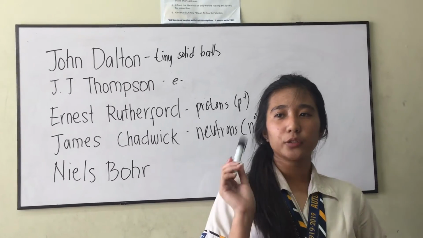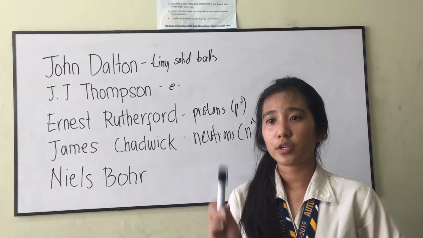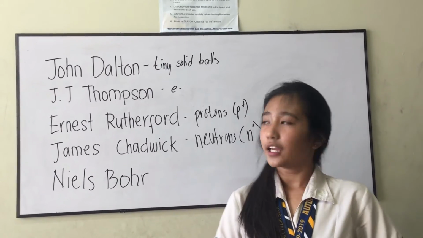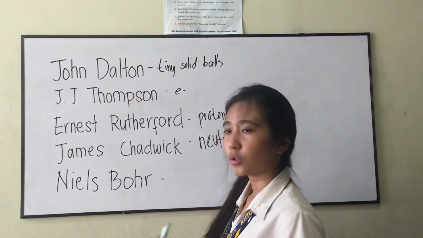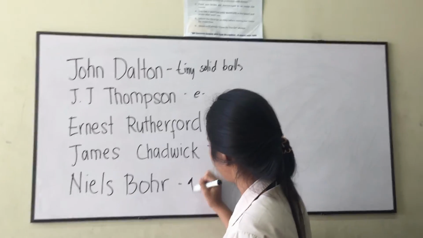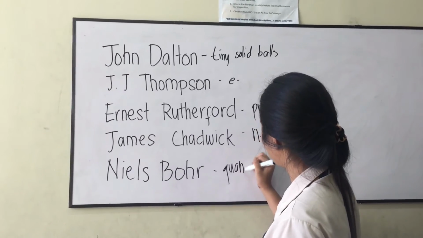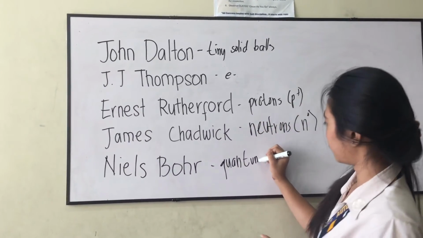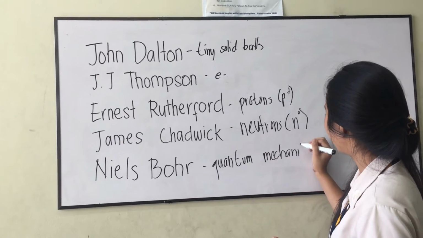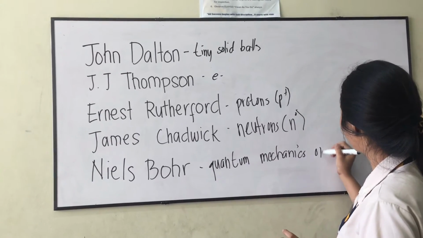Niels Bohr proposed that electrons move around the nucleus in specific layers or shells. He is also the one who proposed the quantum mechanics of the atom.